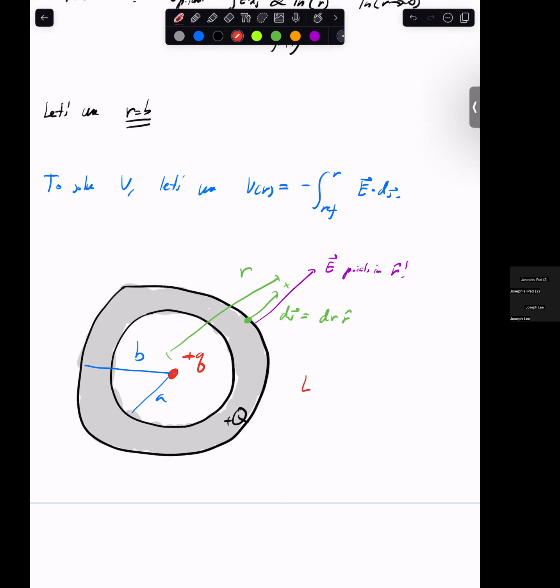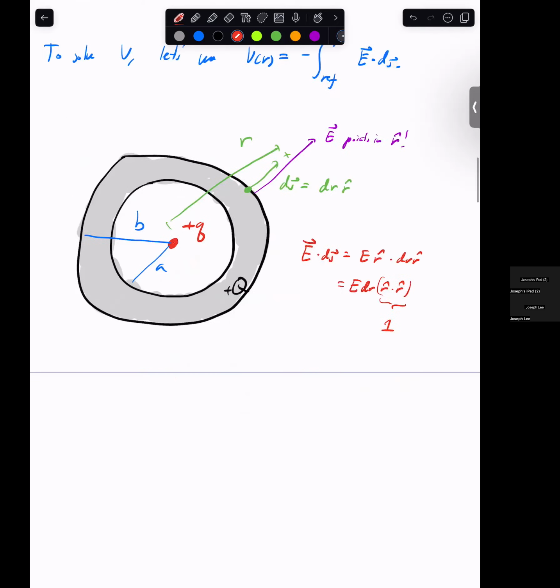If we actually compute this, I'm going to write the electric field as the component, which might still be negative, times r hat. We can rewrite this as E dr, r hat dot r hat, and this thing here is just 1. Two unit vectors dotted together, if they're exactly the same, is just 1. So this is what we mean by this line integral, or the dot product within the integral.